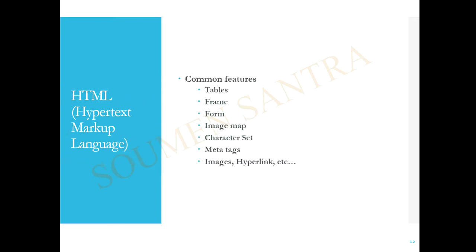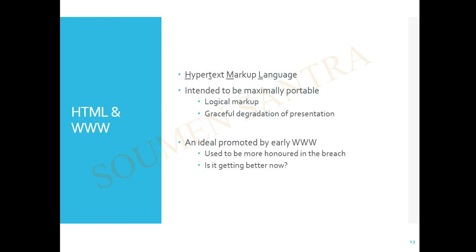Here I am showing you the features. We can import tables, frames, forms, images, character sets, meta tags, hyperlinks, and many more. All these things we can do using system-defined tags. But later we will explain how to create our own or custom tags.